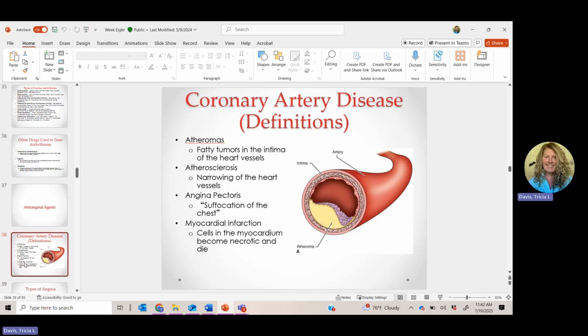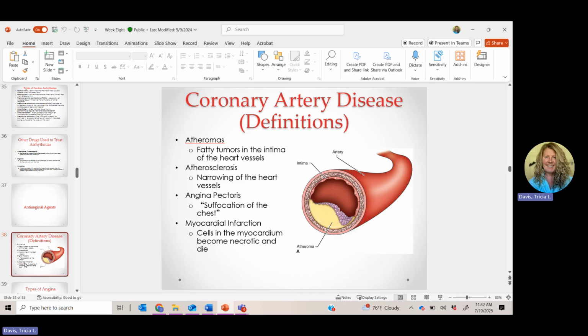Being overweight, being sedentary, genetic predispositions, not having a good diet, all of these things can cause a variety of different things to happen in our arteries, which then impairs the amount of blood flow that we get throughout the body. So patients can develop fatty tumors inside the heart vessels. We call them atheromas.